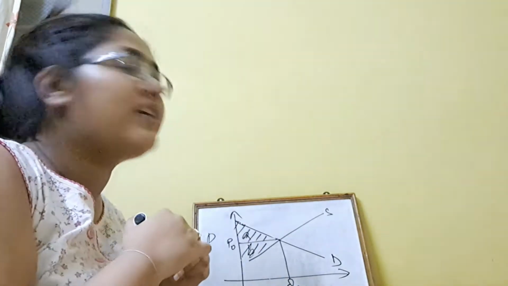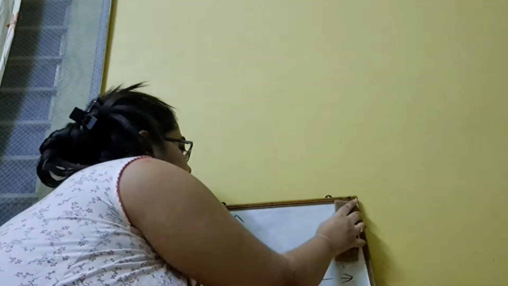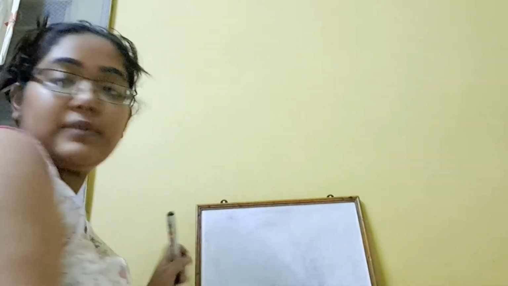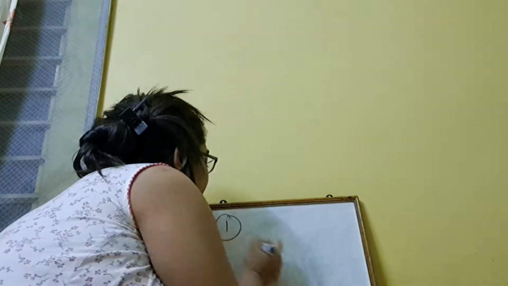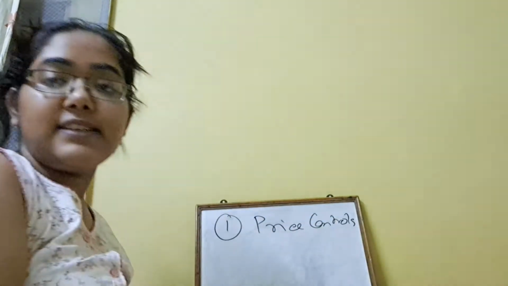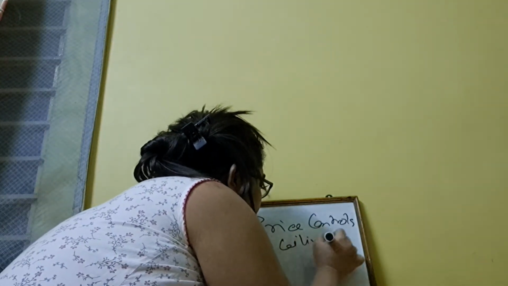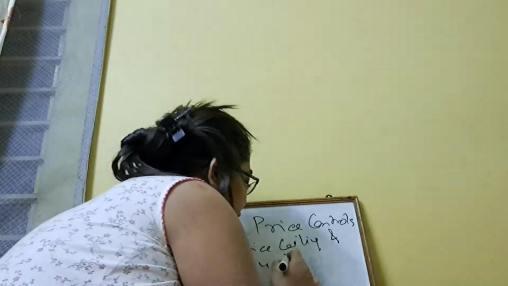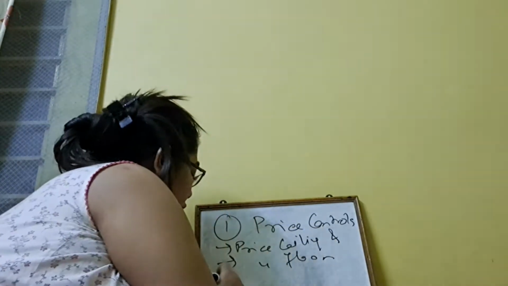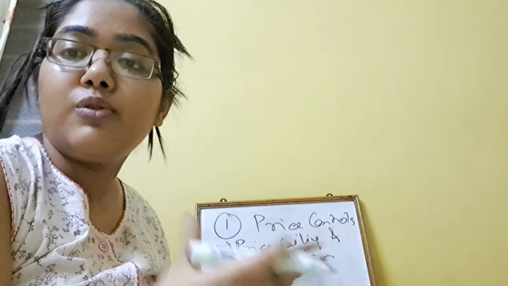Now what happens when the government intervenes? Government can intervene through price controls, that is through price ceiling and price floor, or it can influence the prices of the commodities by imposing taxation and subsidies.